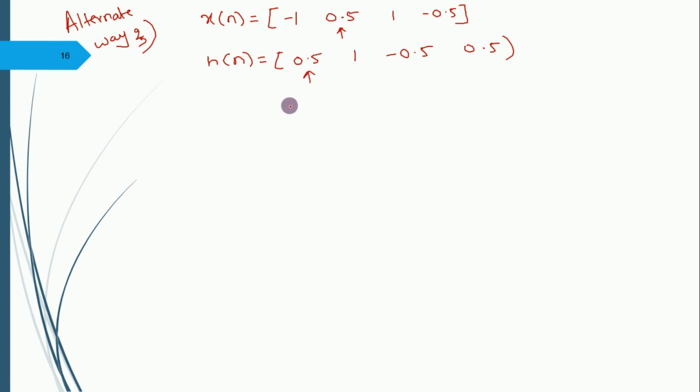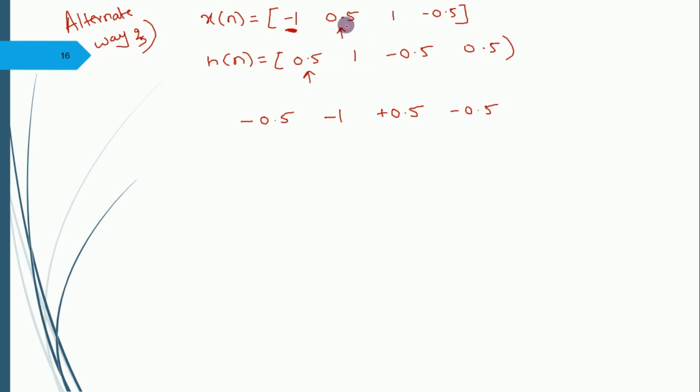First, take this minus 1, multiply it with all of the constants that have been given for h of n. For example, minus 1 into 0.5 is minus 0.5. Minus 1 into 1 is minus 1. Minus 1 into minus 0.5 is plus 0.5. Minus 1 into plus 0.5 is minus 0.5. So the first index is over.